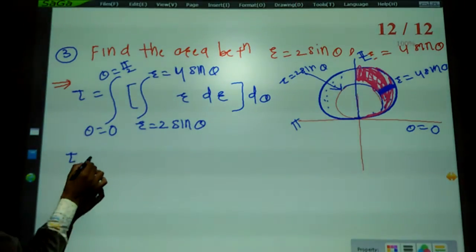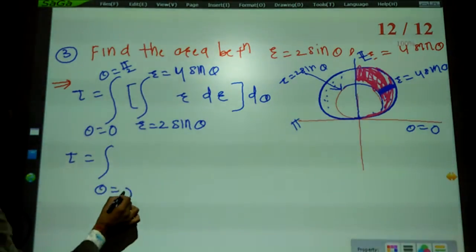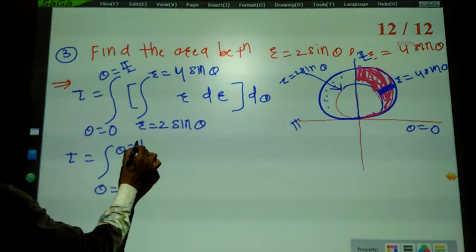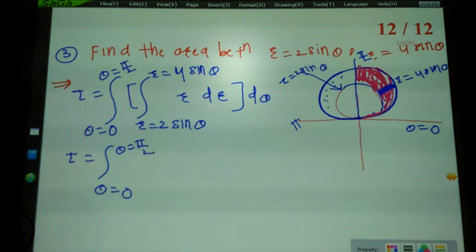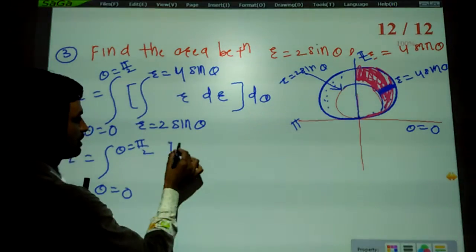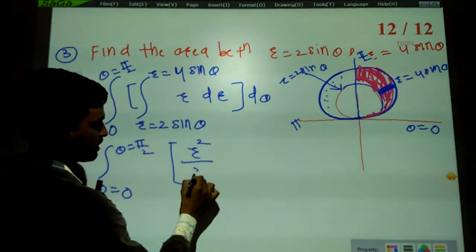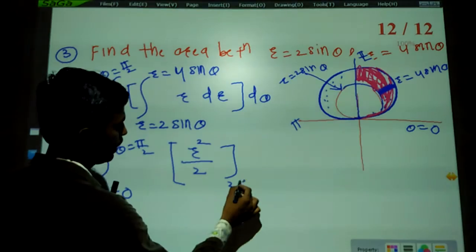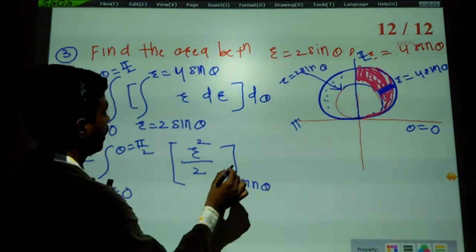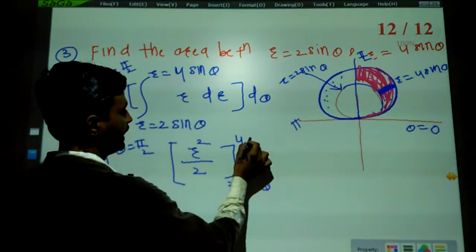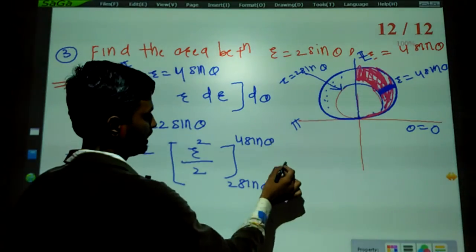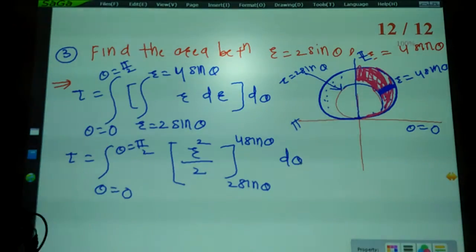So firstly we will calculate the inner integration. Theta is equal to 0 to theta is equal to pi by 2. Integration of this r dr is the r square by 2. Lower limit 2 sin theta, upper limit 4 sin theta, and this is the d theta.